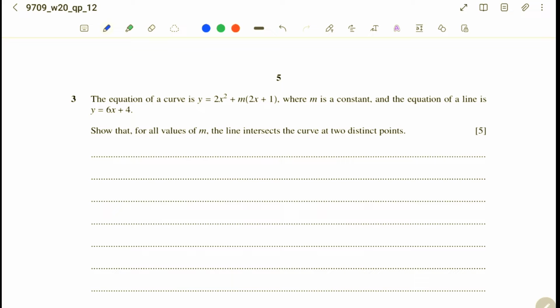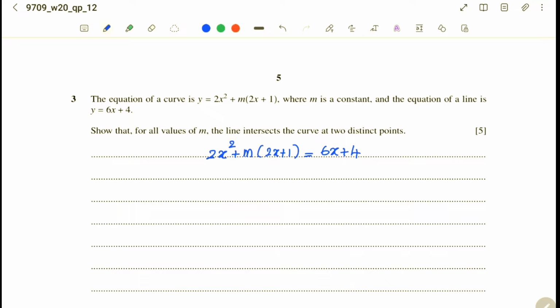Since we are assuming the curve intersects the line, we can equate the curve equation 2x² + m(2x + 1) to the line equation 6x + 4.